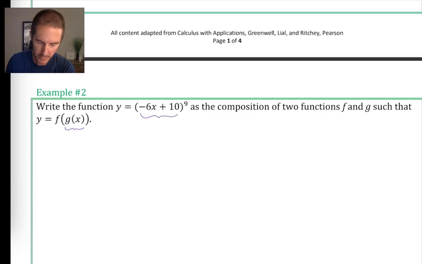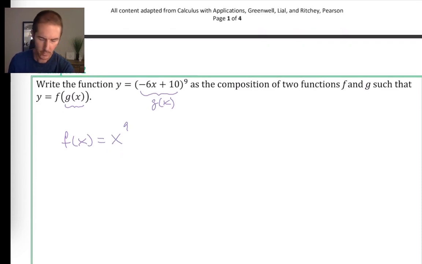So we would let g of x be our inner function, and f provides a particular function. It takes stuff and raises it to the 9th power. What kind of stuff? Whatever we put into the function.